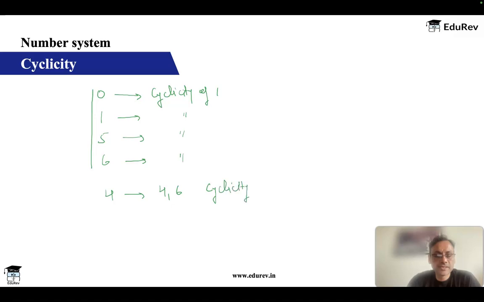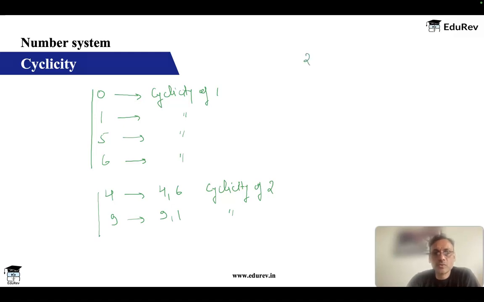And similarly 9. 9 to the power 1 is 9. 9 square is 81. 9 cube ends with 9 again, which is 729. So 9 also has a cyclicity of 2. So 0, 1, 5, 6 have cyclicity of 1, and 4 and 9 have cyclicity of 2.